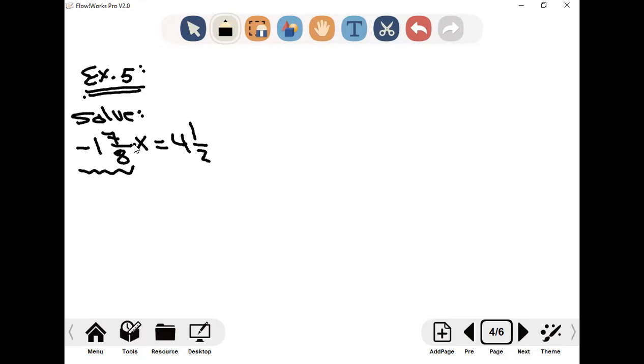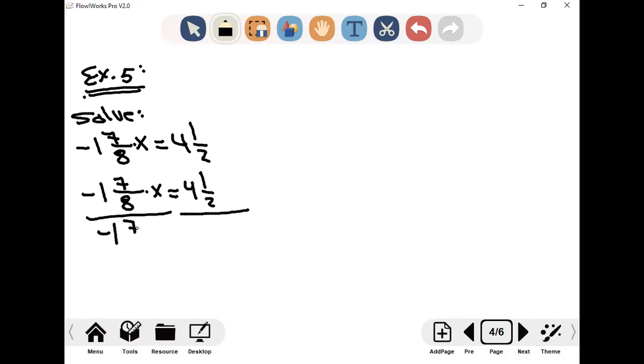So we are applying the same idea, right? Yeah. So here we rewrite the equation. Now between them we have multiply. So I will divide both sides by the coefficient negative 1 and 7 over 8. This one goes with this one, right?